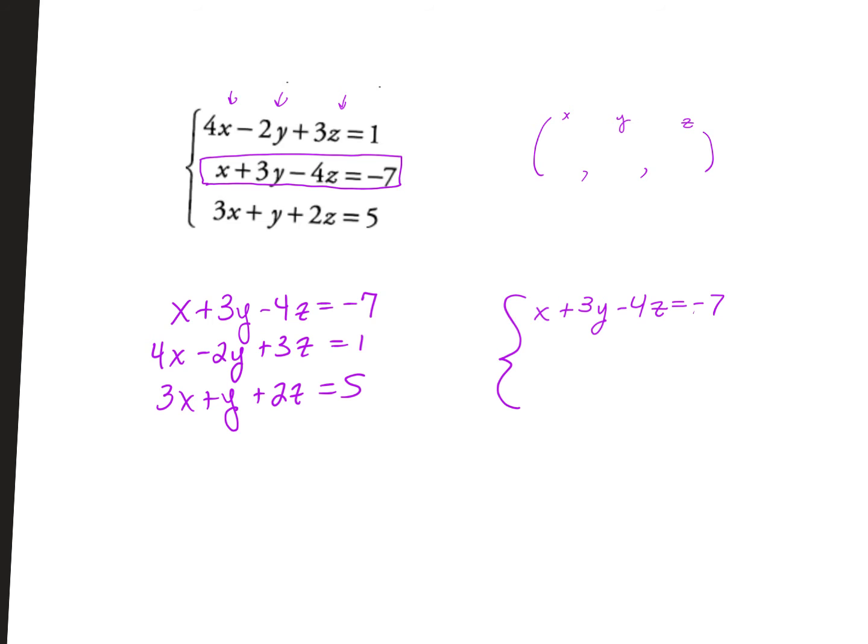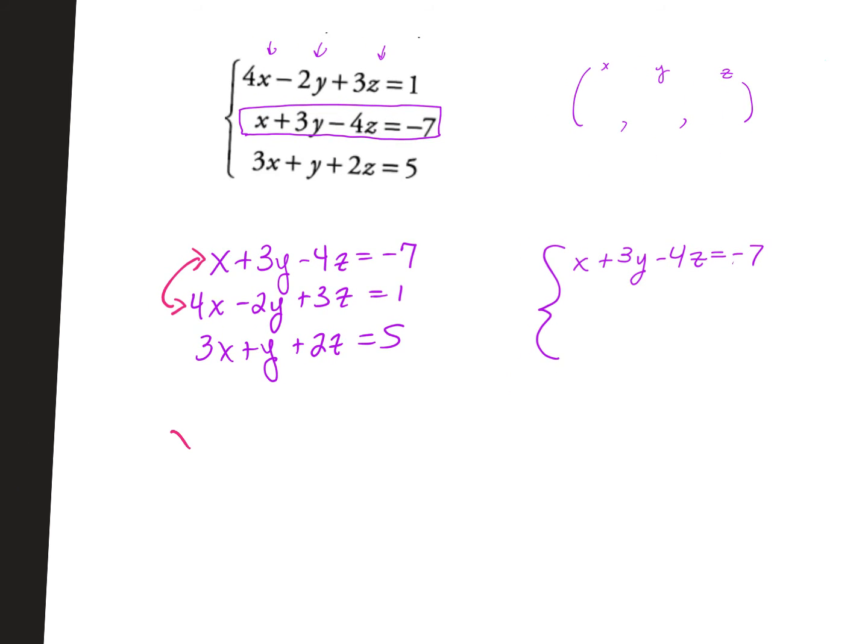All right, my second equation should have just a y and a z. So we're going to take equations 1 and 2, and we're going to cancel out our x's. So x plus 3y minus 4z equals negative 7, and then 4x minus 2y plus 3z equals 1. What am I going to multiply the top equation by so that my x's will cancel out?